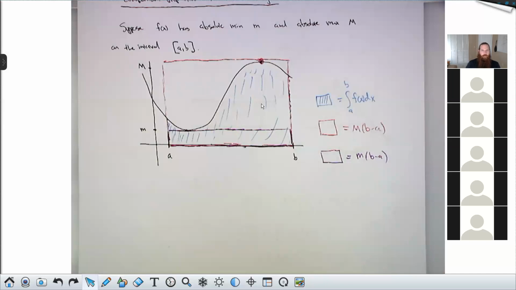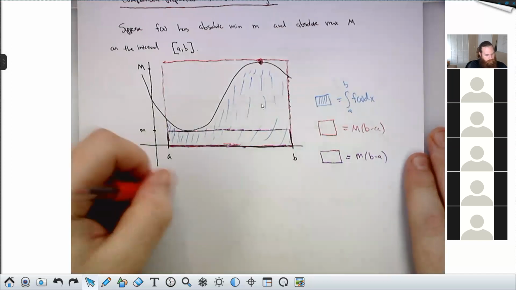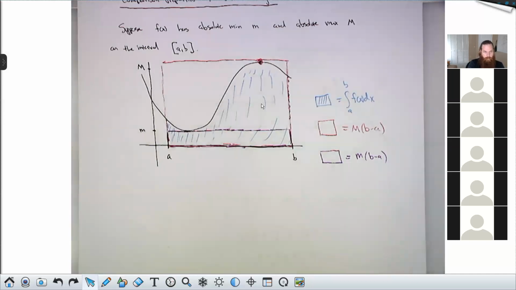Which of these three areas, blue, red, or purple, is largest? The question clear? Which rectangle has the largest area? It has to be the red one. Then the red is bigger than the blue or the purple.